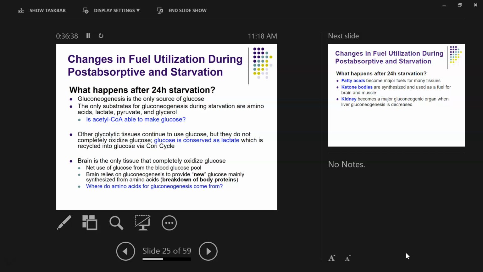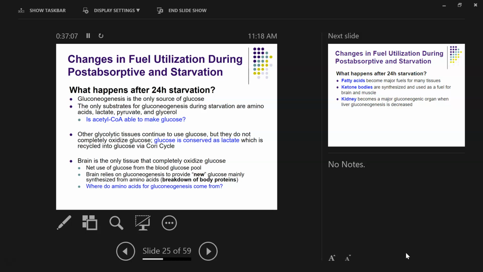So a lot of glycolytic tissues, the tissues that utilize glucose, will not completely oxidize glucose, but only partially oxidize glucose. The purpose of this is to save the carbon skeleton for the resynthesis of glucose, or gluconeogenesis.